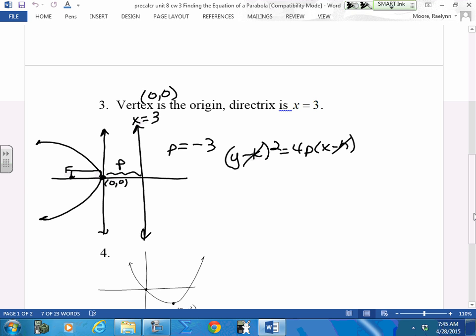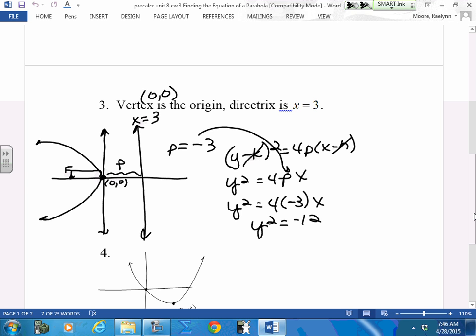My vertex is 0. And we're going to substitute your p in. And there's the equation. Good?